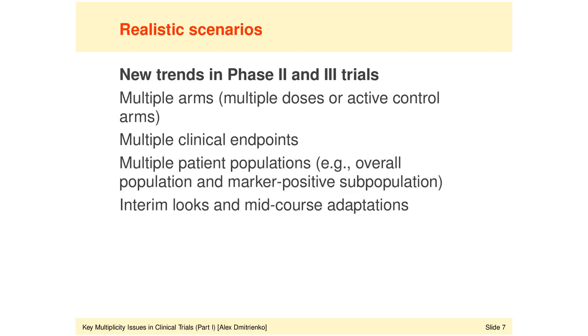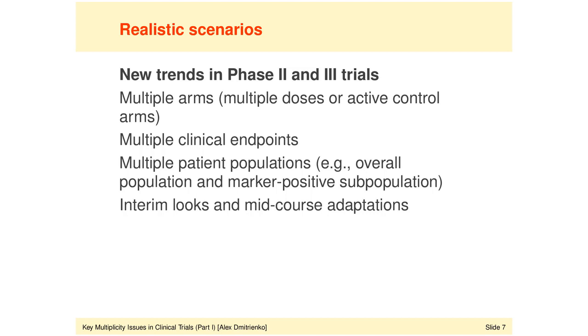Well, real-life clinical trials, especially modern phase 3 clinical trials, employ complex designs, they employ complex decision rules, and they generally look much more complicated than the basic standard setting that we introduced on slide 6.